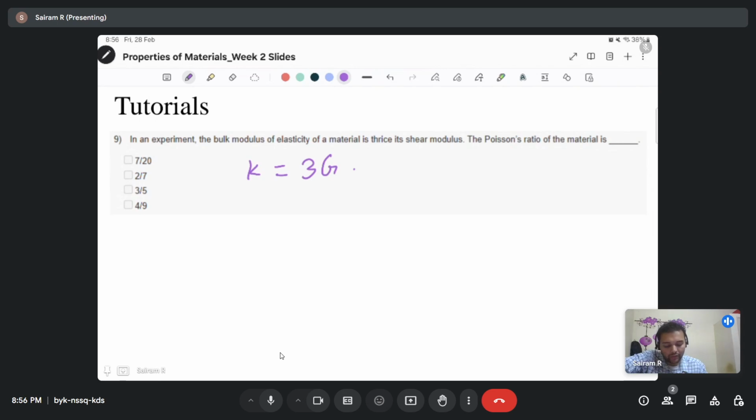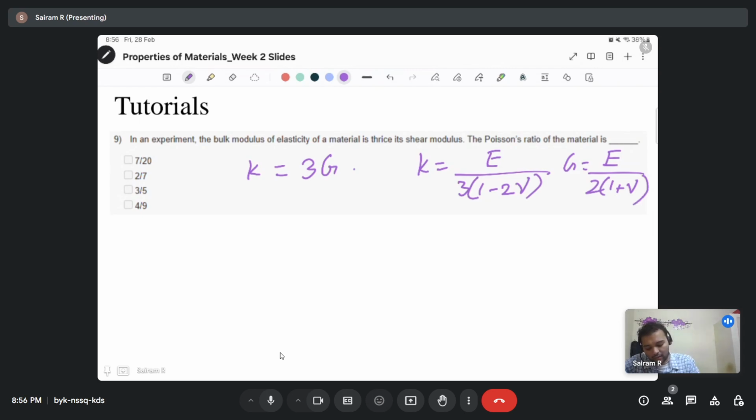The Poisson's ratio of the material is, okay, we know K equals E by 3 into 1 minus 2 nu, G equals E by 2 into 1 plus nu, and nu is E by 2G minus 1. So we need to find nu. We have K and G.